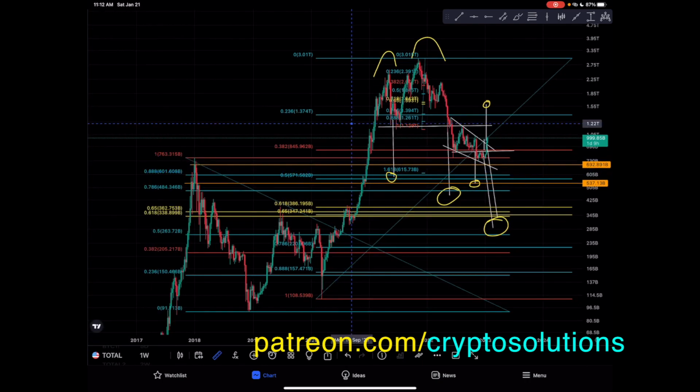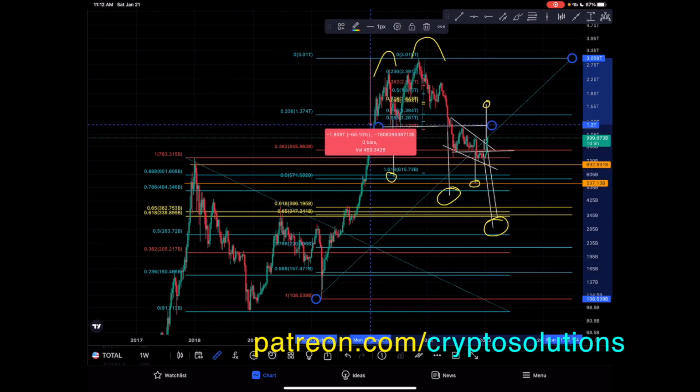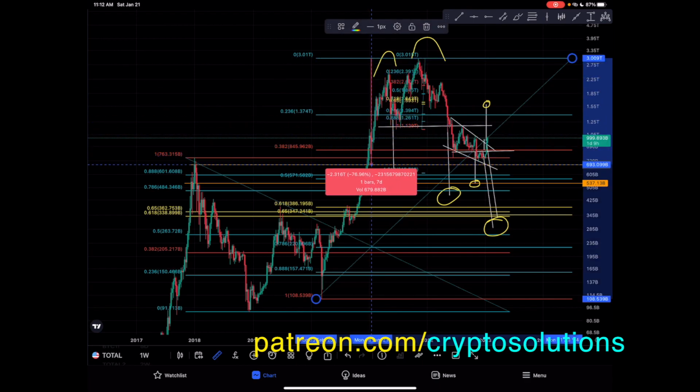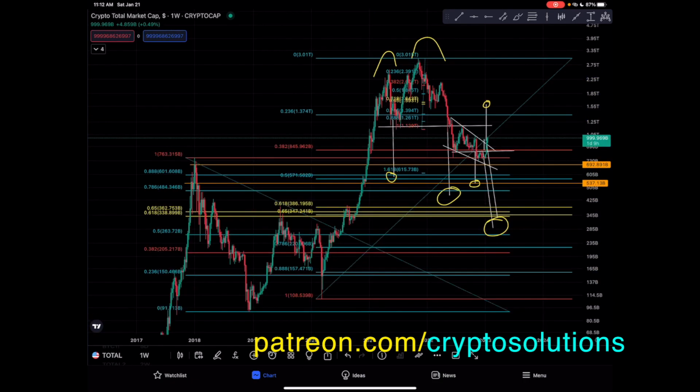Like for example, if this was around an 88% pullback and this was a 75% pullback, at least this has to have something in between that 88% and that 75% pullback, at least an 80%. Like, that's weird. 80% would also be conservative, would be right there, around $571.58 billion for the total cryptocurrency market cap.